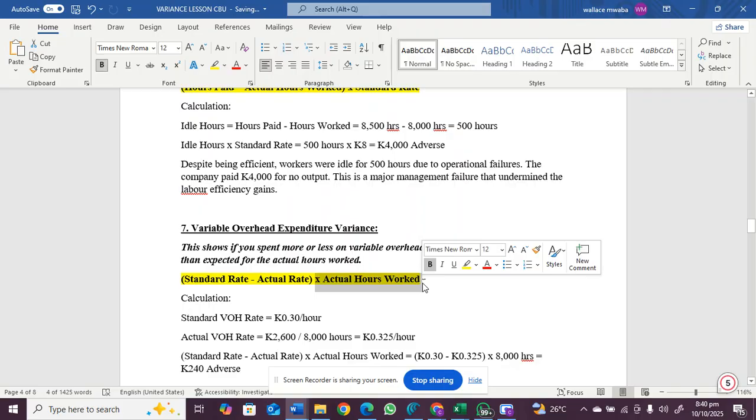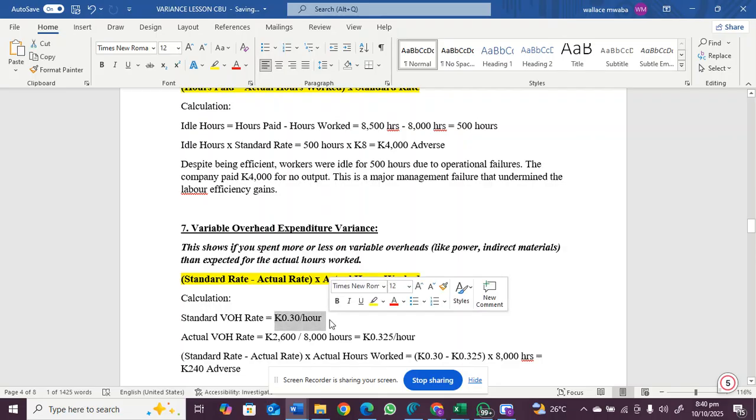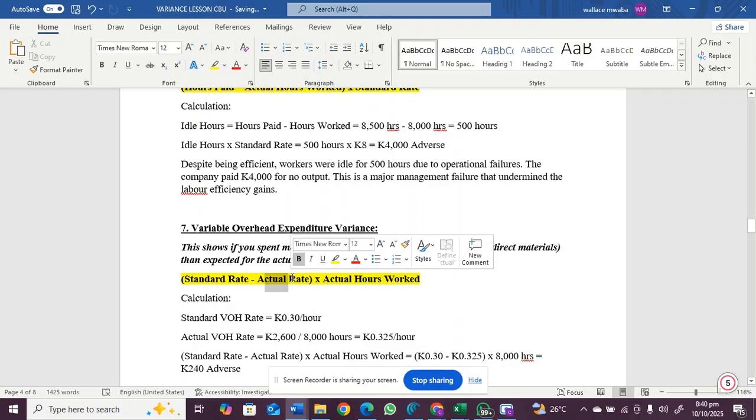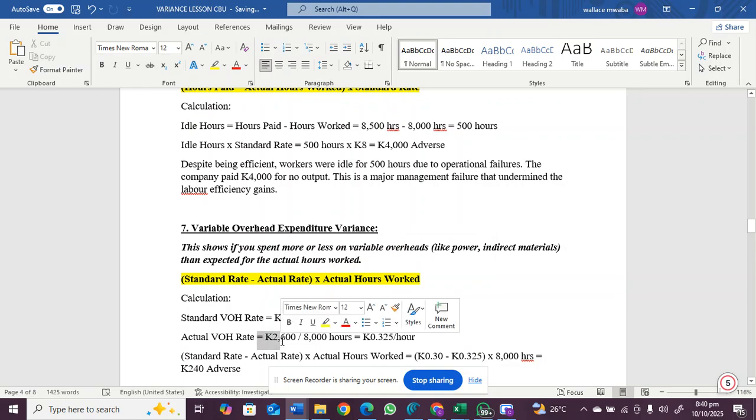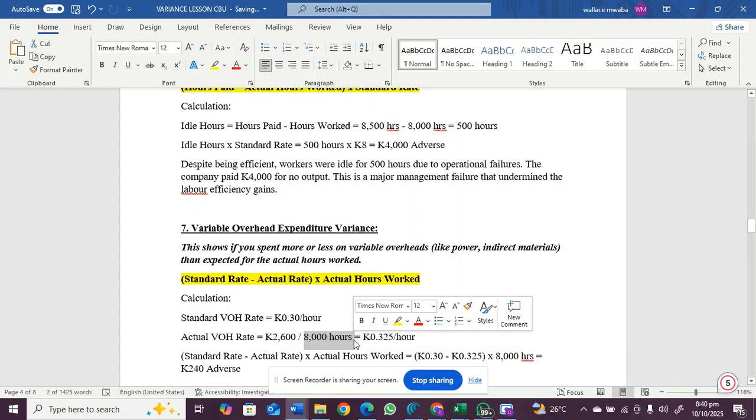On our variable overhead rate, according to our standard cost card, it's 0.3 kwacha per hour. Now we need to get what our actual rate was. To get our actual rate, you take the total variable overhead cost, which was 2,600, divided by the number of hours worked, 8,000.